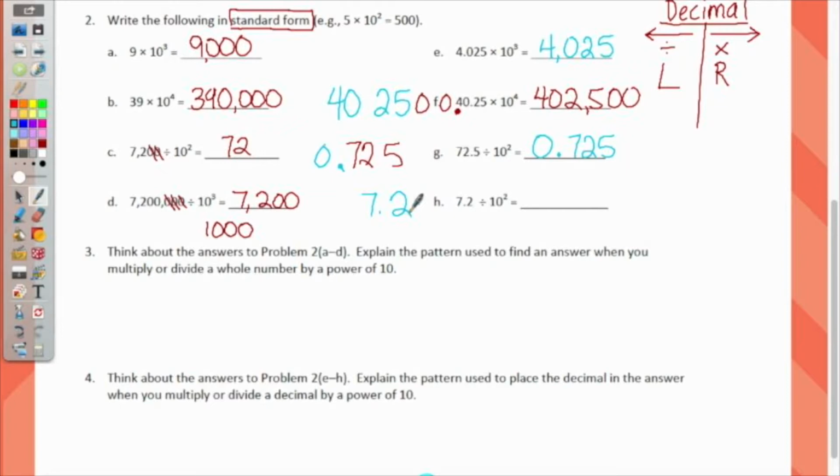Decimal trick says when you divide, move the decimal to the left. 1, 2. Place a decimal. Fill in with zeros. Erase my hops. What do I get? 0. Oh, 72 thousandths. I'm wondering if we need to have a class just on saying numbers.